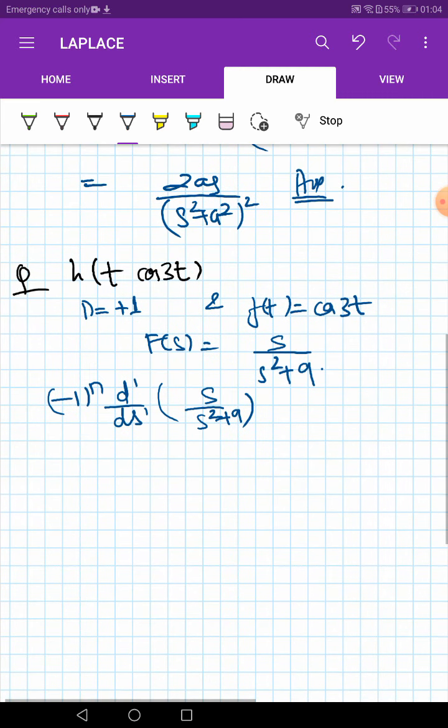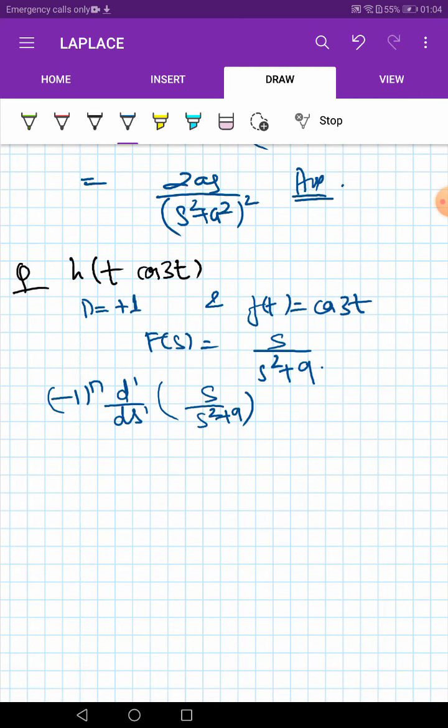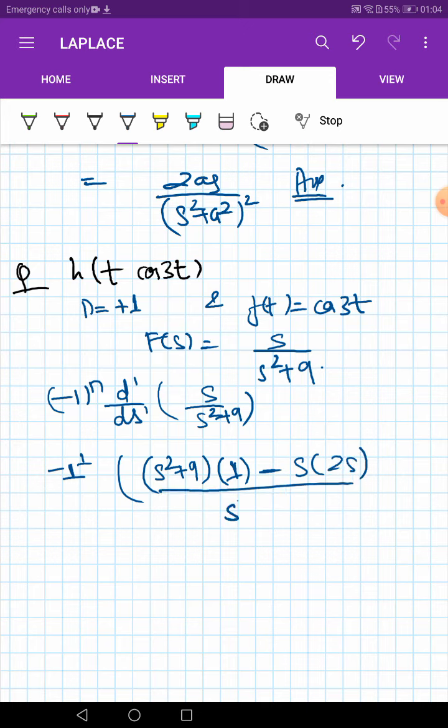So F of s is s by s square plus 9. Now we need to perform the derivative of this function. So we'll get minus 1 power 1, then v, s square plus 9, into derivative of u, which is 1, minus u into derivative of v. The derivative of s square plus 9 is 2s, divided by s square plus 9 whole square.